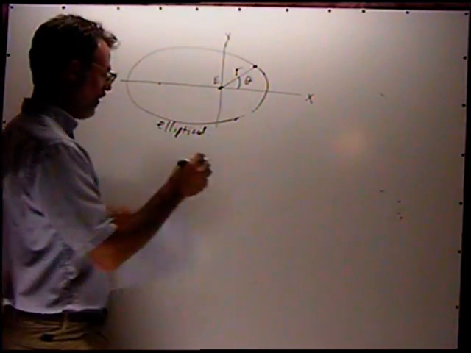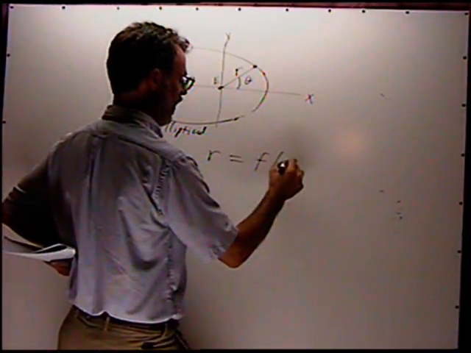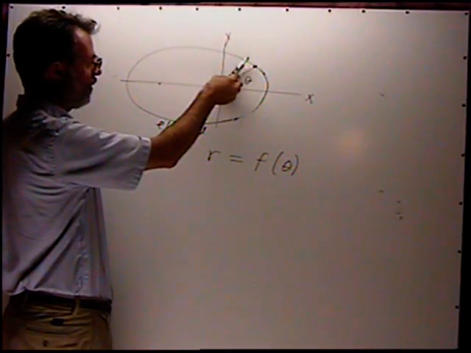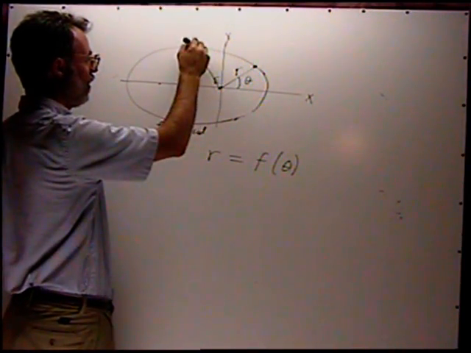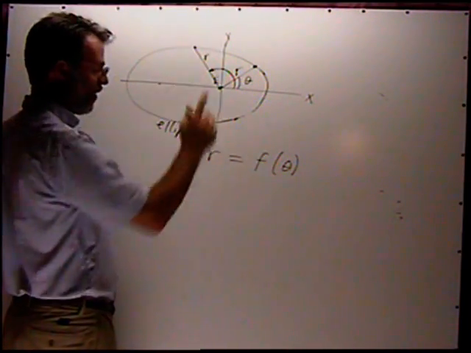Basically, we're saying r is some function of theta. As theta sweeps around, our r changes.